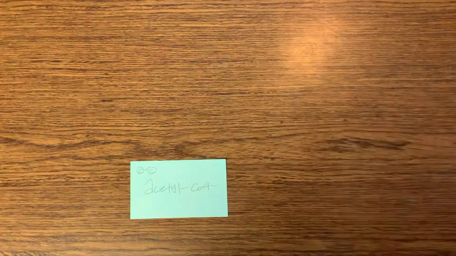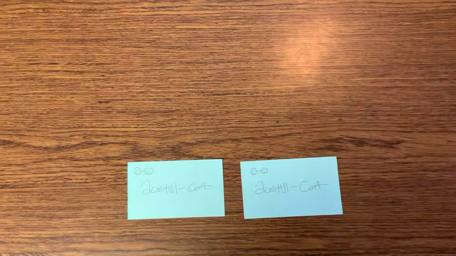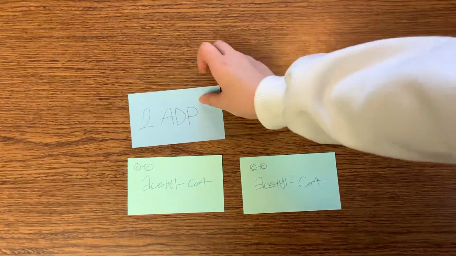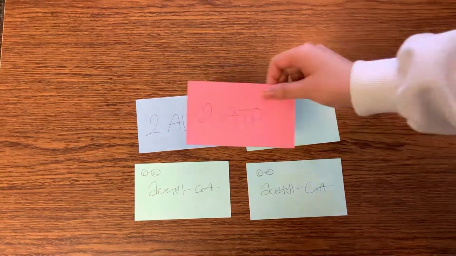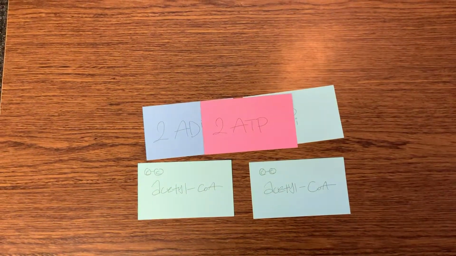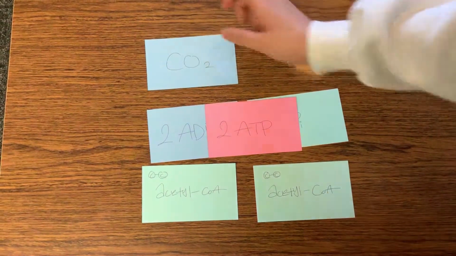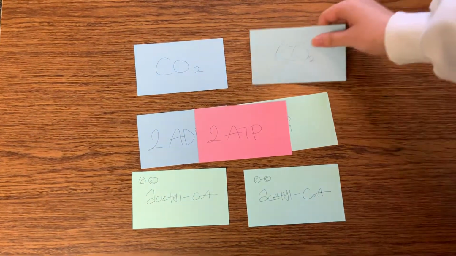Next stage is Krebs cycle. In this process, 2 acetyl-CoA from previous stage reacts with 2 ADP and 2 phosphates to create 2 ATP. And it also creates 4 carbon dioxide.